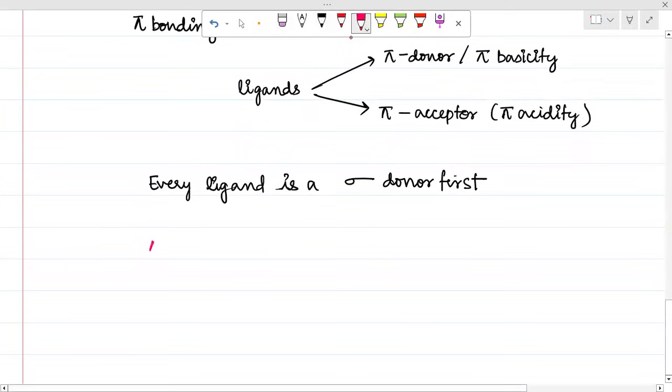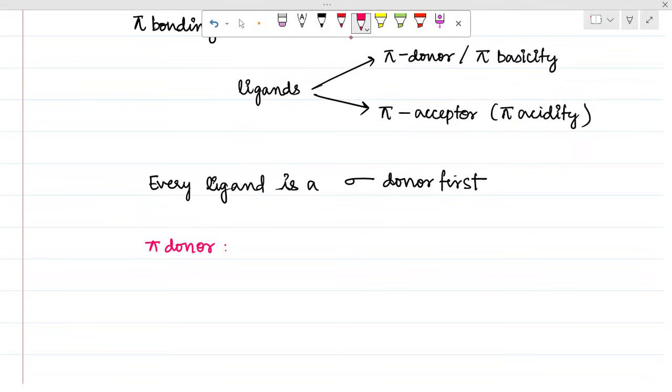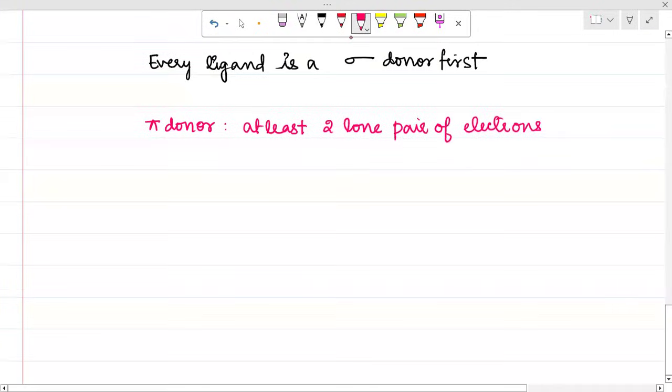If it has to be a pi donor, it must have at least two lone pairs of electrons. Then only it can be called a pi donor. For example, let's say you take chloride.